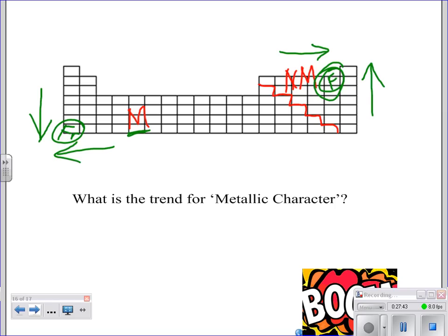So if we put this into terms of metallic character, metals are most active in this direction. Nonmetals are most active in this direction. That's your non-metallic character, I guess you could say. So that is it. We are done.